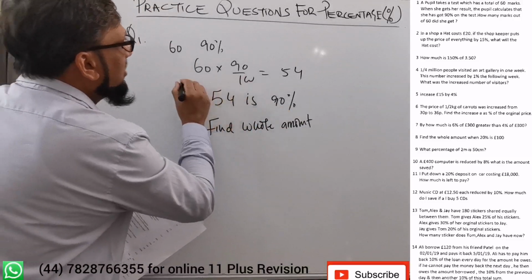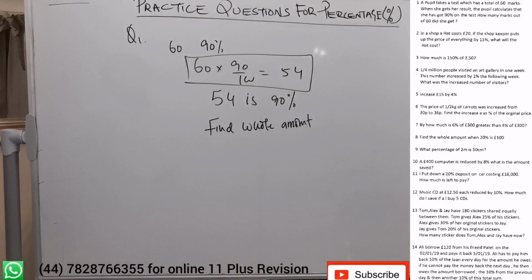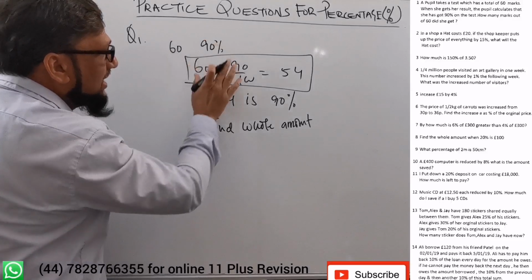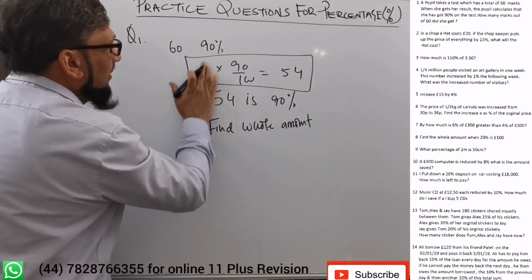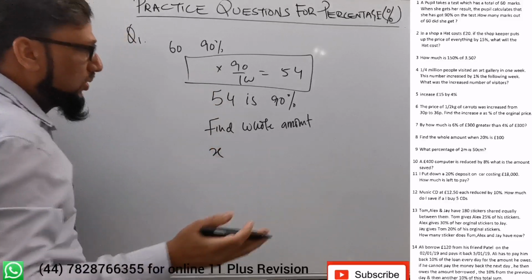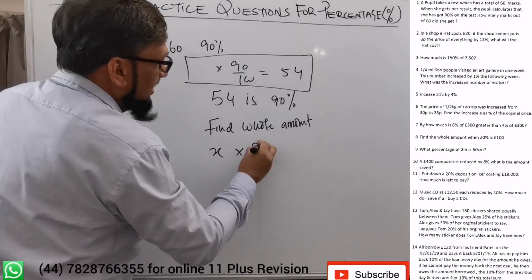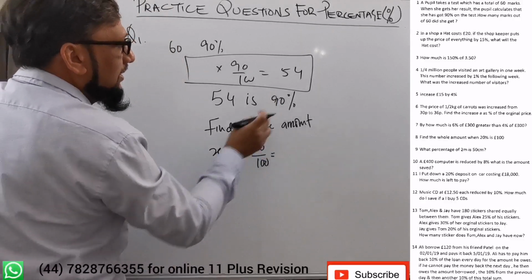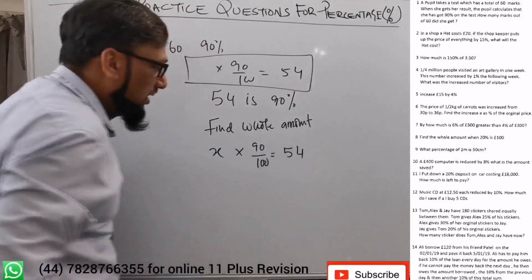So we need to use this equation. Assume we don't know the total, so I put the value x here as an unknown, times 90 over 100, and they are giving you that 54 is 90%, the value which we know.